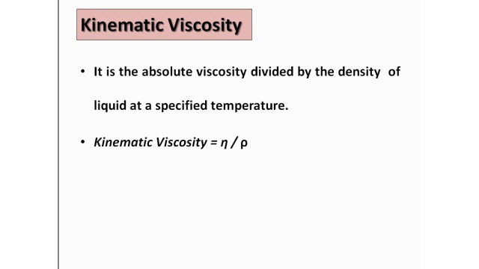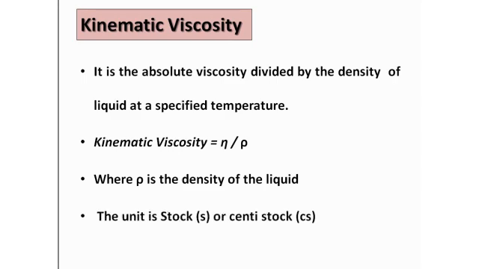So kinematic viscosity is equal to eta by rho, where rho is the density of the liquid at a specified temperature, and the unit of kinematic viscosity is the stoke, small s, or centistoke, small c, small s. Clear?